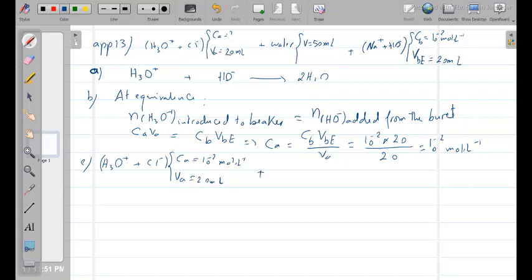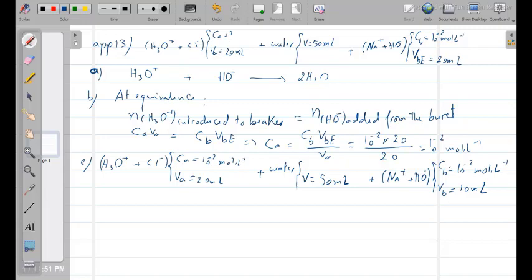We add distilled water of V equal 50 milliliter, and now we add sodium hydroxide of Cb equal 10 negative 2 mole per liter. We added a volume Vb equal 10 milliliter. The total volume here is 20 plus 50, 70 plus 10, 80 milliliter.